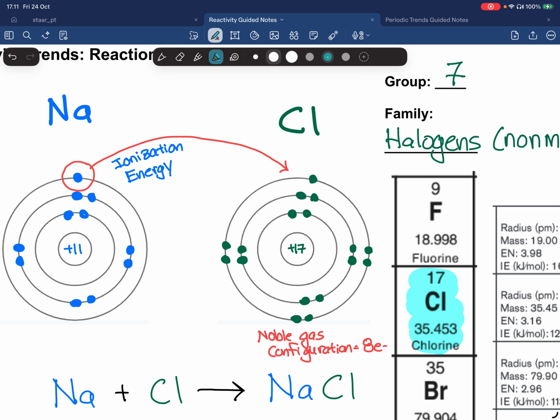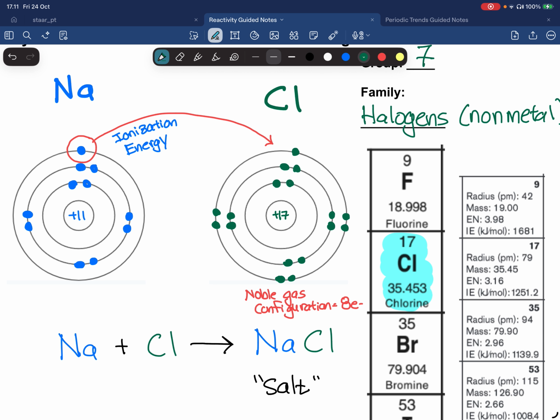And if you recall, the thing that we measure for the ability to attract an electron is electronegativity.